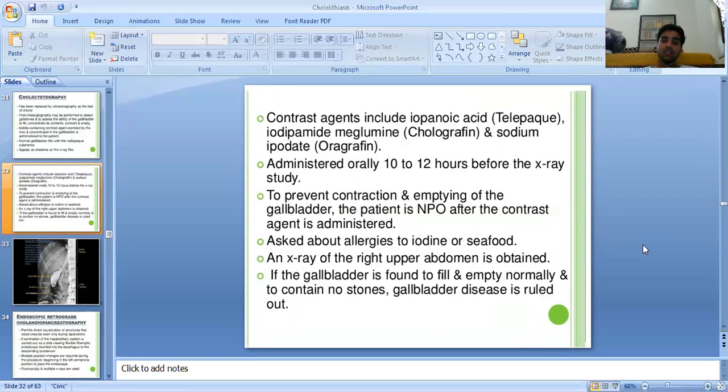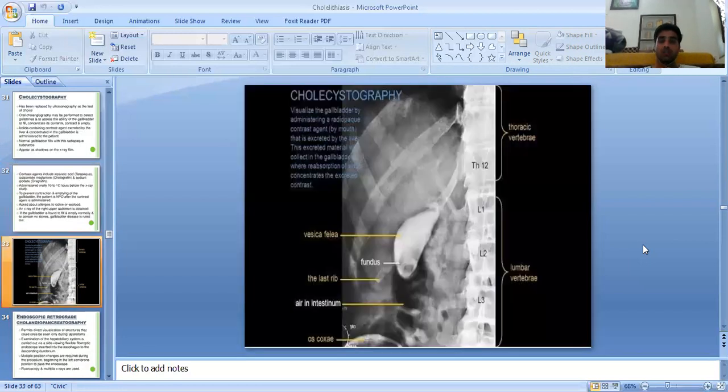Ask about allergies to iodine and seafood. An X-ray of the right upper abdomen is obtained. If the gallbladder is found to fill and empty normally and to contain no stone, gallbladder disease is ruled out. Okay, students, this is the image of cholecystography.